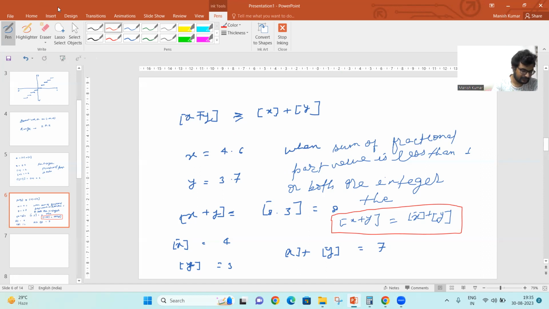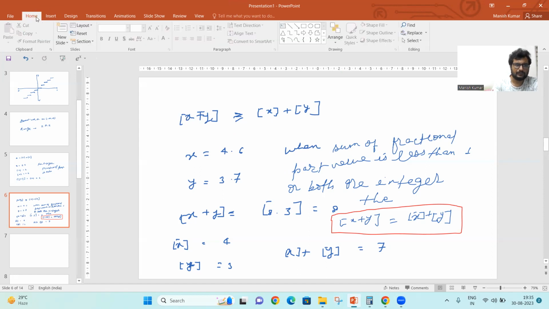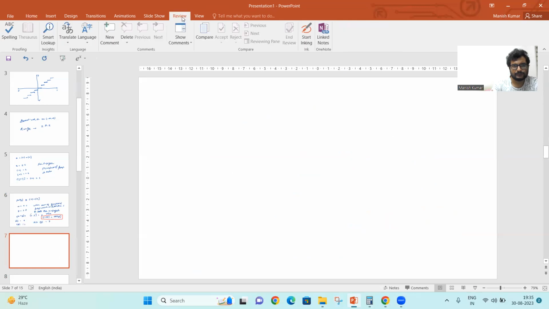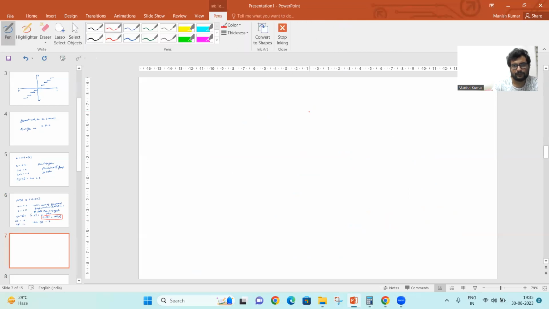Another property you can simply check. I am coming to another function, which is the fractional part of x. It is written like this: y equal to this.